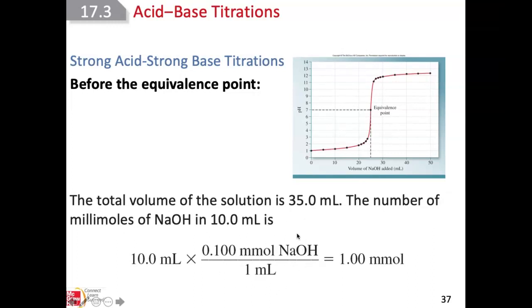So I would say 0.1 molar solution is 0.1 millimole over 1 milliliter. Then I will multiply by 10 ml, and I will be getting 1 millimole. So the moles of NaOH in 10 ml is 1 millimole.